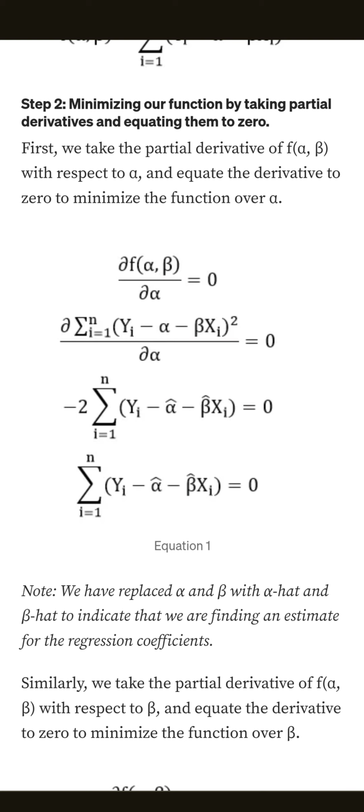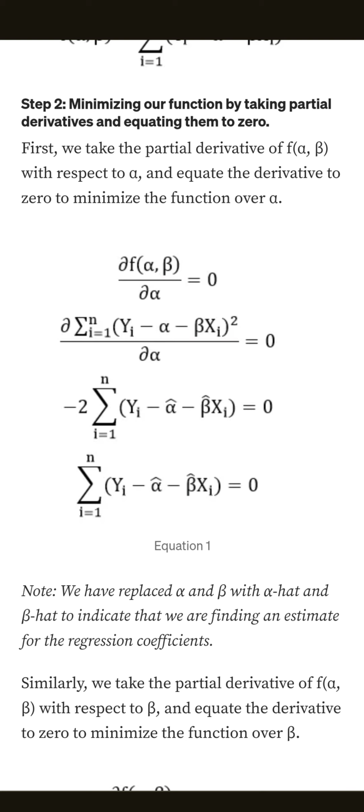Therefore, the partial derivative of the sum of i equals 1 to n of big Y sub i minus alpha minus beta big X sub i squared over alpha is equal to 0.